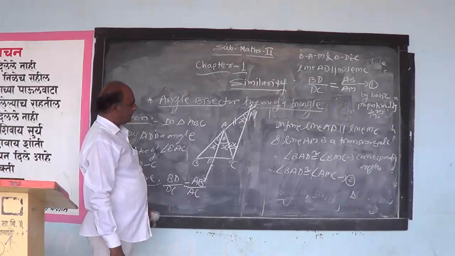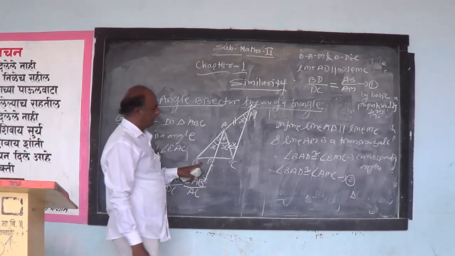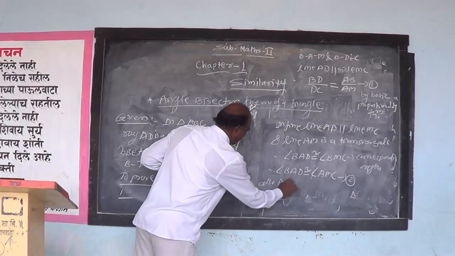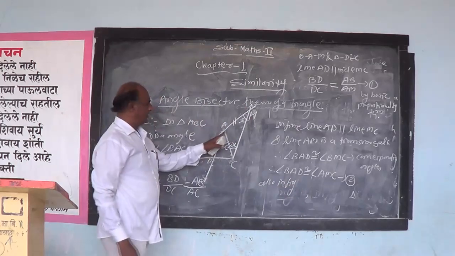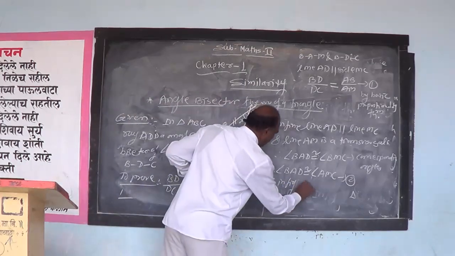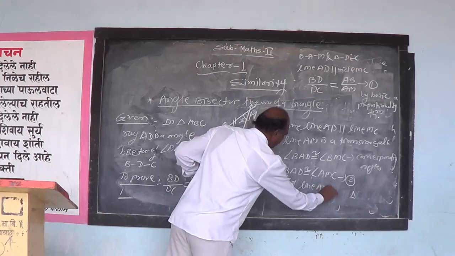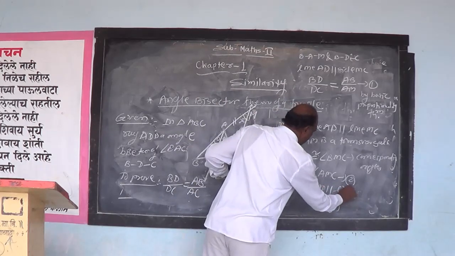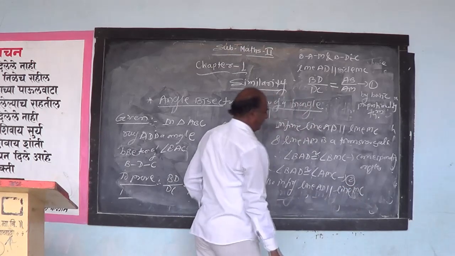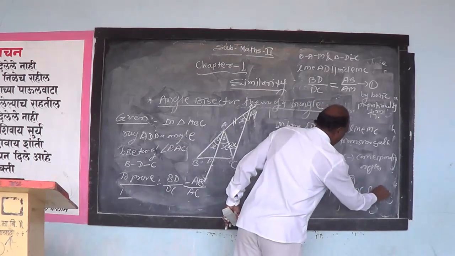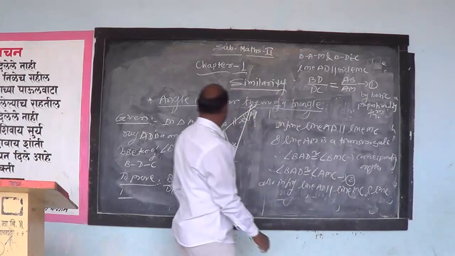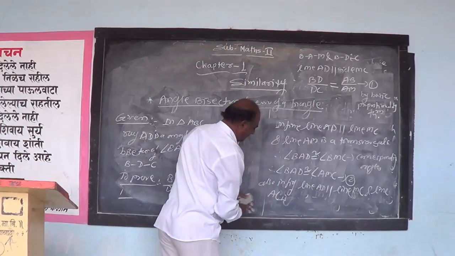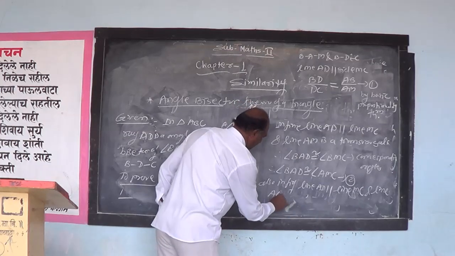And then also in the figure, line AD is parallel to line MC and line AC is a transversal.